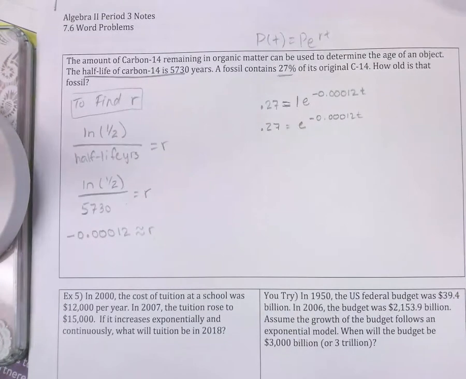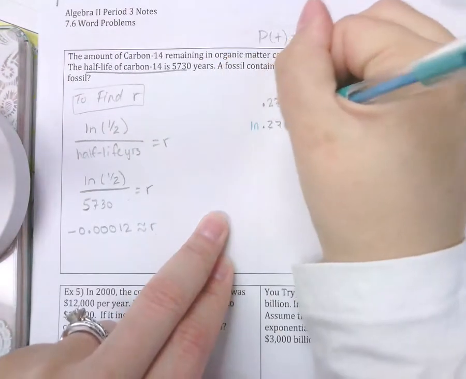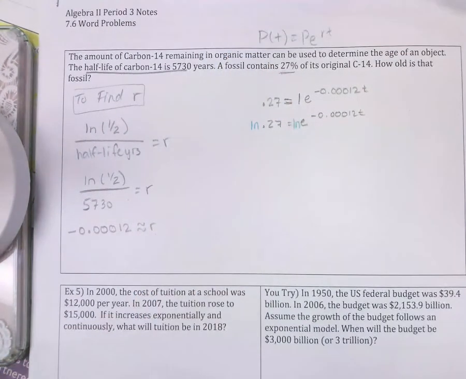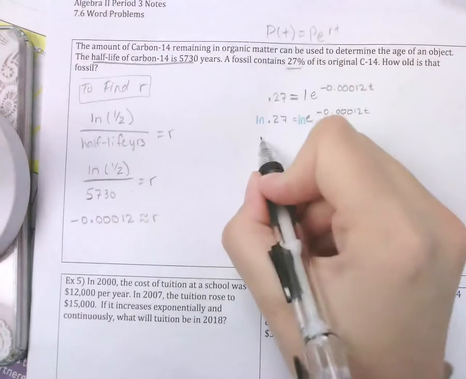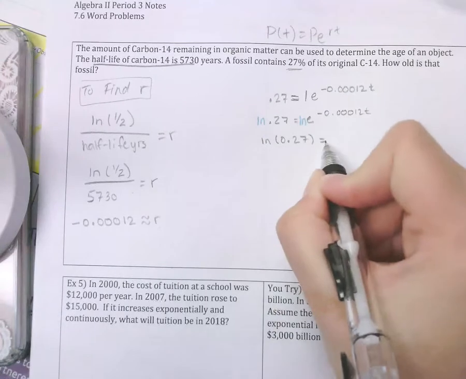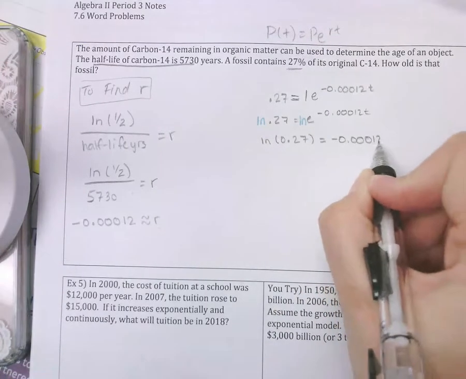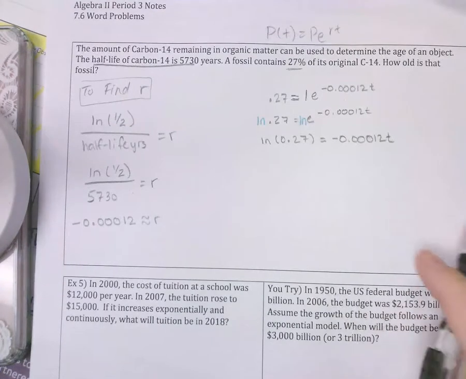Then we need to solve for t, so I need the e to go away. How do I get the e away? I'm going to take the natural log of both sides because natural log and e cancel. So I get the natural log of 0.27 equals that really long decimal, negative 0.00012 t.